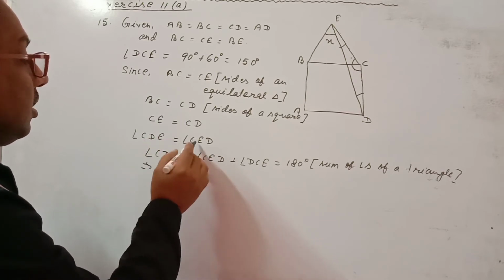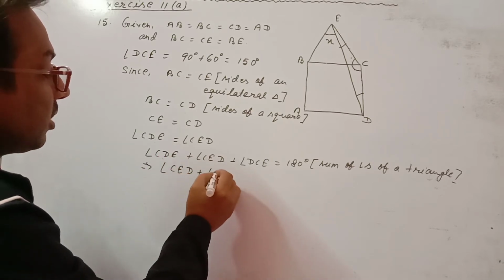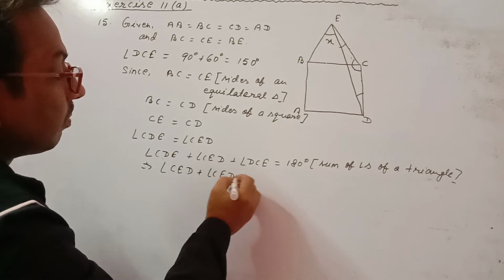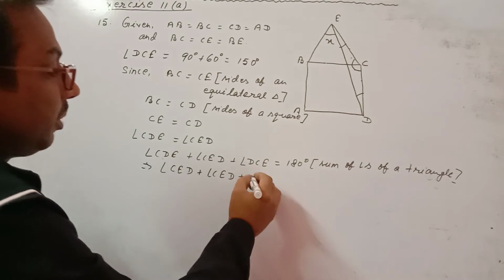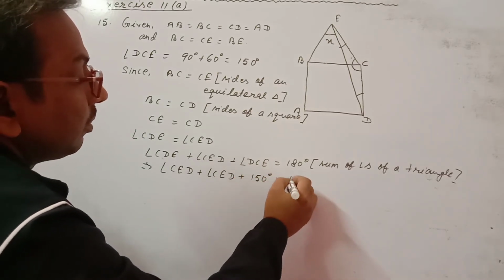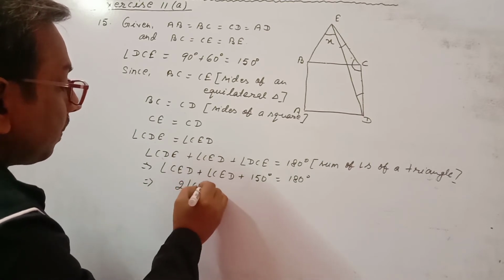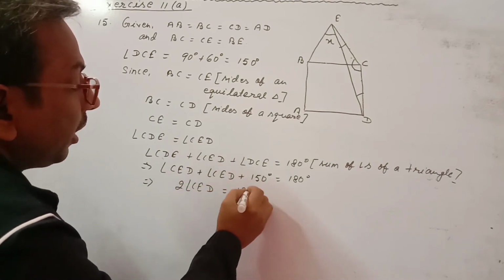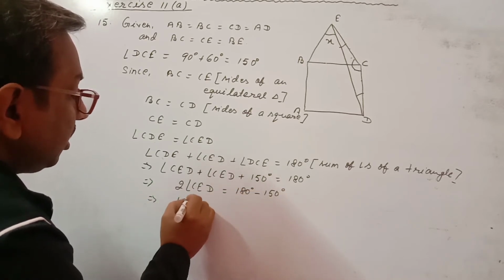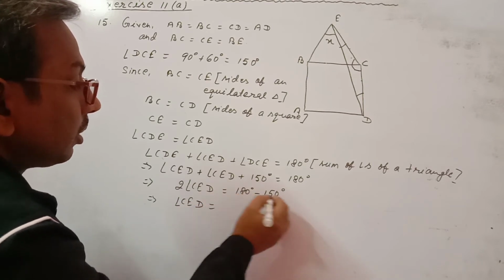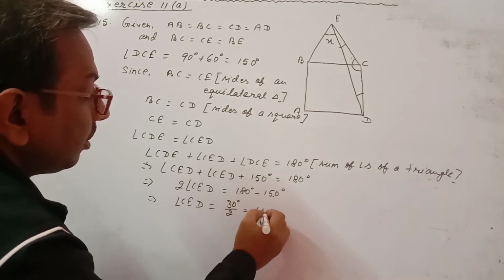So CED plus CED plus DCE, the value we have, DCE equal to 150 degree, equal to 180 degree. So 2 angle CED equal to 180 degree minus 150 degree. So angle CED equal to 30 degree by 2, that is equal to 15 degree.